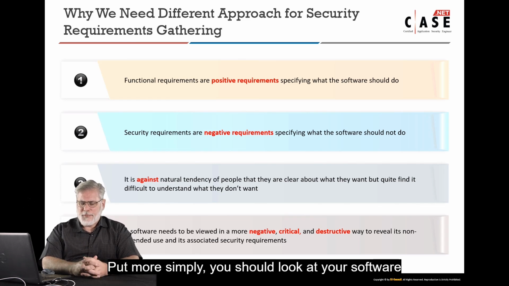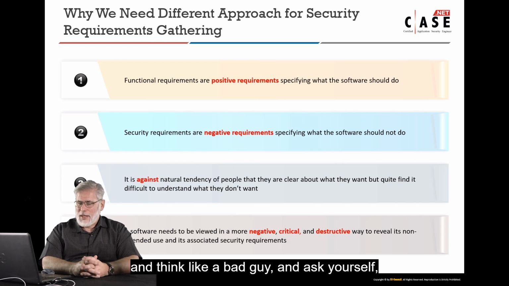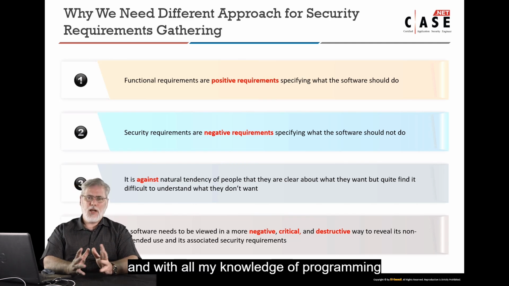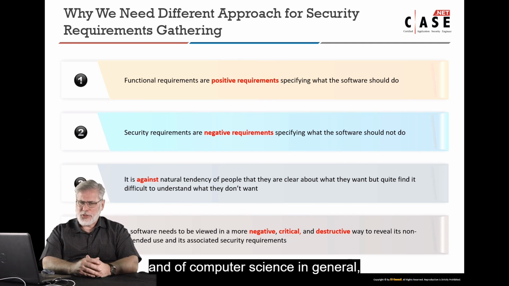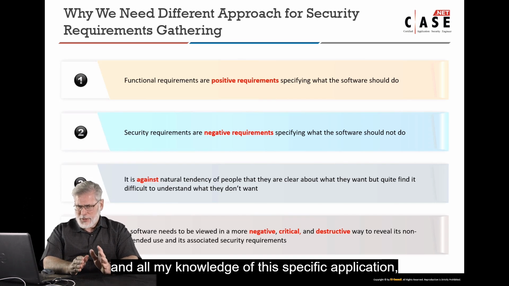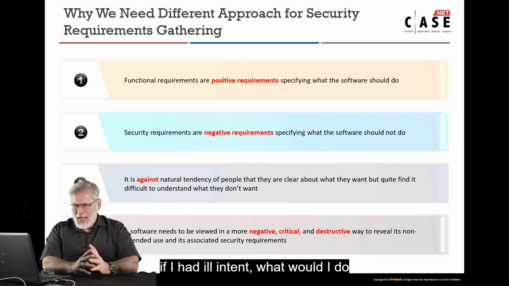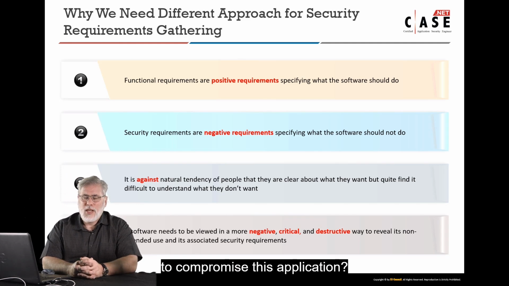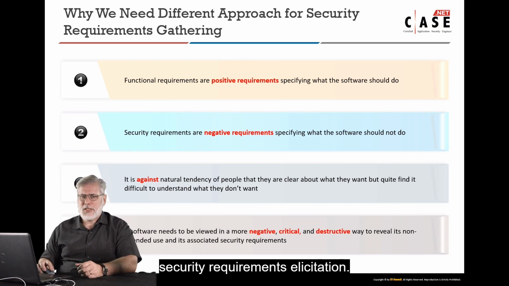Put more simply, you should look at your software and think like a bad guy and ask yourself, if I had ill intent, with all my knowledge of programming and of computer science in general, and all my knowledge of this specific application, what would I do to compromise this application? And that can be the basis of beginning security requirements elicitation.